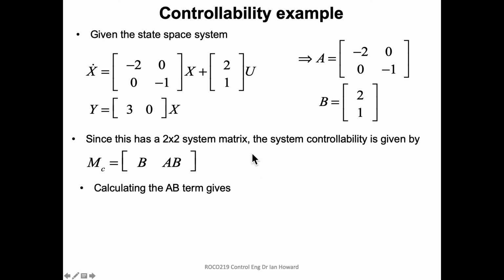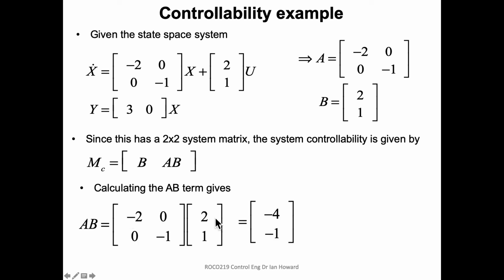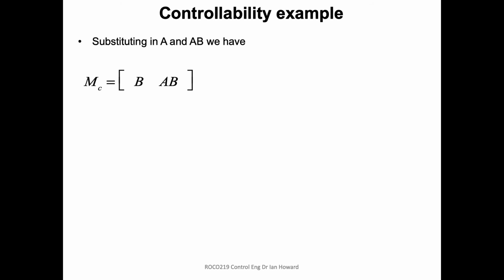Now we've got to calculate A times B. So A matrix times B matrix: this is minus 2 times 2, that's minus 4, plus 0. Then 0 times 2, minus 1 times 1, that's minus 1. So substituting in B and AB, we end up with the controllability matrix 2, minus 4; 1, minus 1.